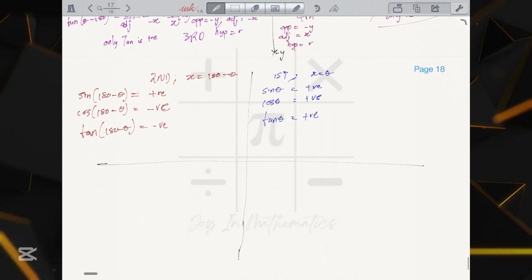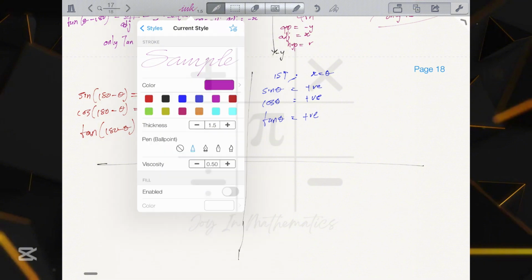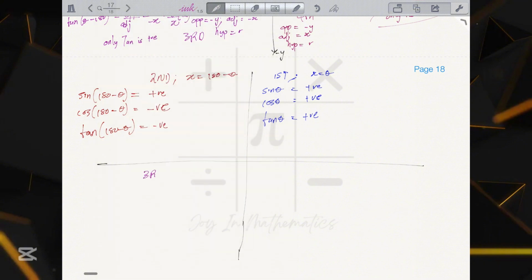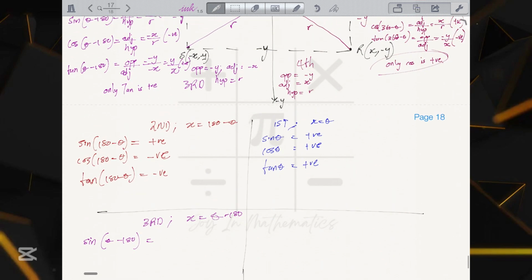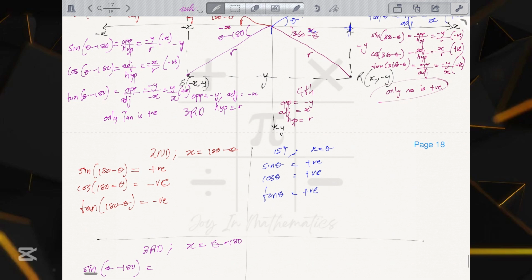Moving on, let's go to the third quadrant, where the acute angle x is equals to theta minus 180 degrees. So we are saying that sine theta minus 180 degrees, according to the diagram here, is negative.